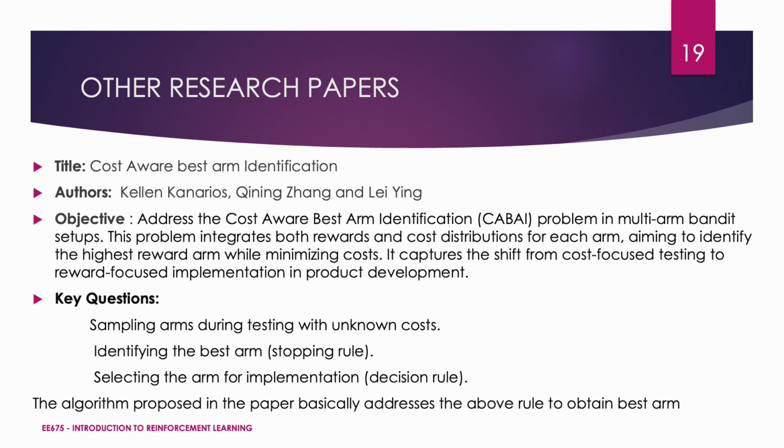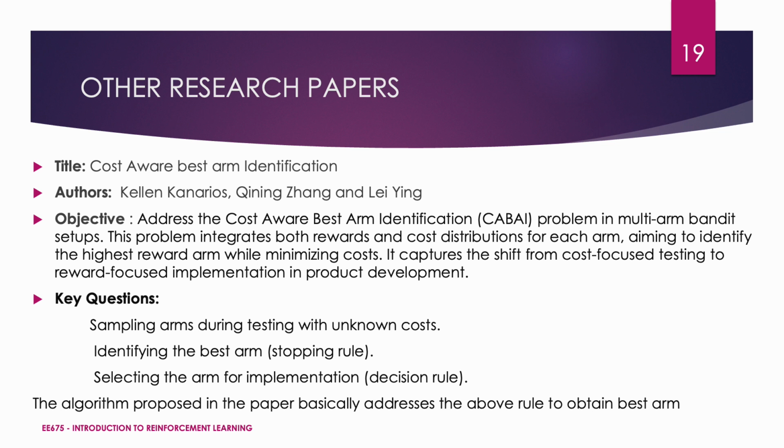The next issue is identifying the best arm: determining when to stop sampling and declare an arm as the best arm based on the observed rewards and costs. And the last one is selecting the arm for implementation. Once the best arm is identified, deciding whether to implement it or continue sampling to gather more information. This issue is also addressed in this research work.